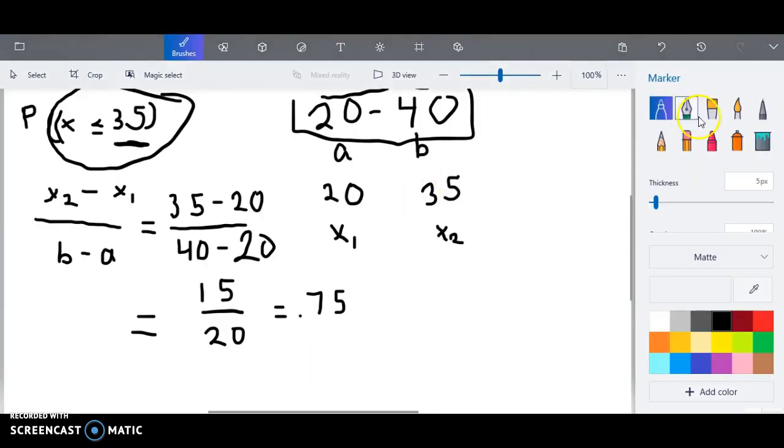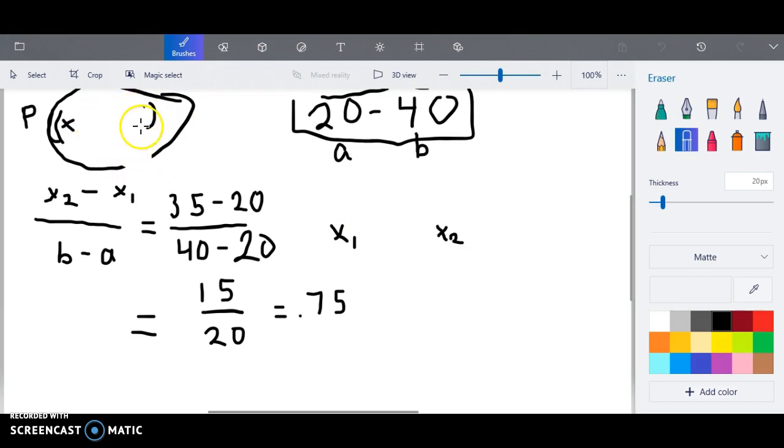Now for the second question, it asks the probability that x is equal to 28. When we do this one, A and B will be the same, but your highest value and your lowest value are going to be the same because x can only equal one value. We want to know the probability that x would equal 28. So your highest and lowest value is 28.